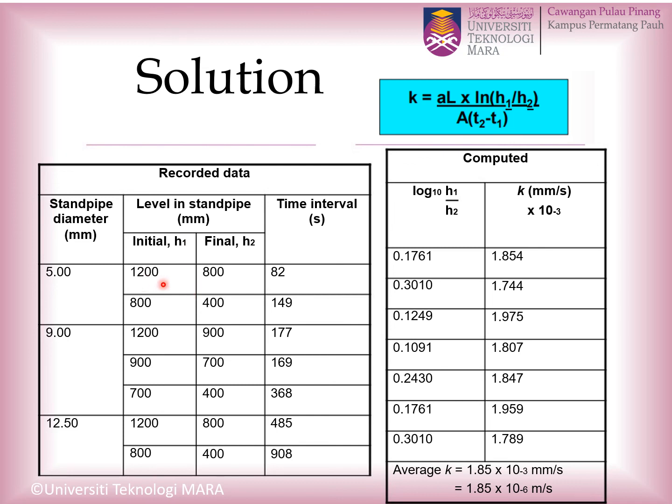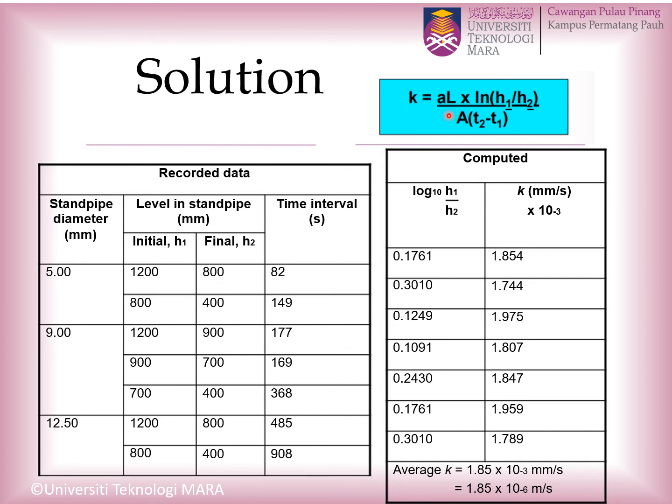H1 over H2 is 1200 over 800. L is 150 mm. Small a is the cross-sectional area of the standpipe, so pi d squared over 4, pi times 5 squared over 4.